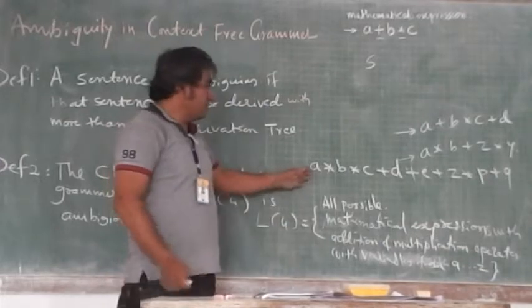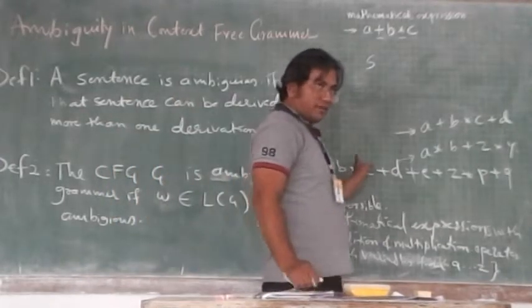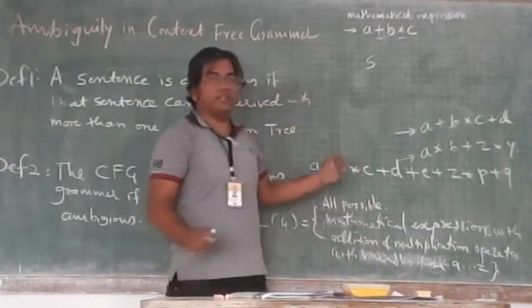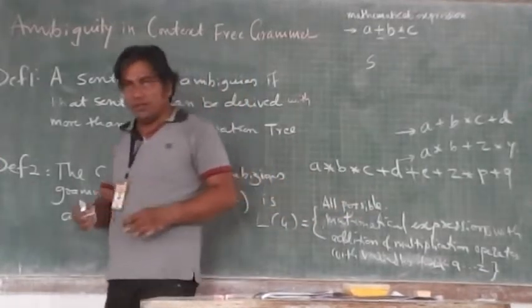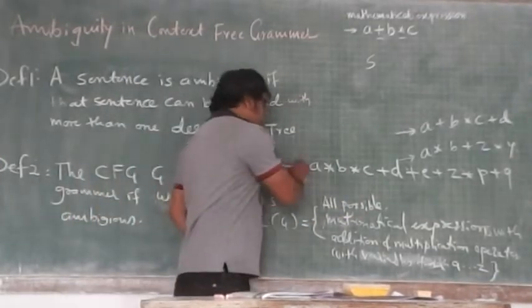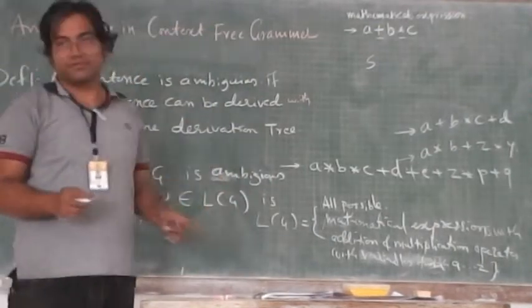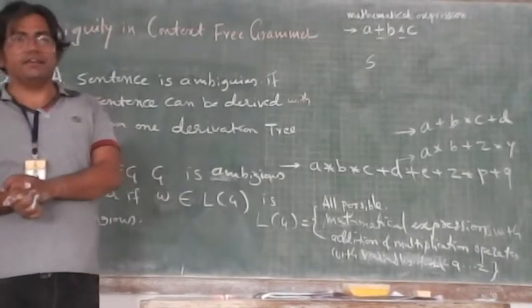But if you see this sentence, it is having only two operators, okay? Addition and multiplication, and every variable is of length 1, and it is in between A to Z. So this is again a valid sentence from the language LG. So go for designing a grammar.